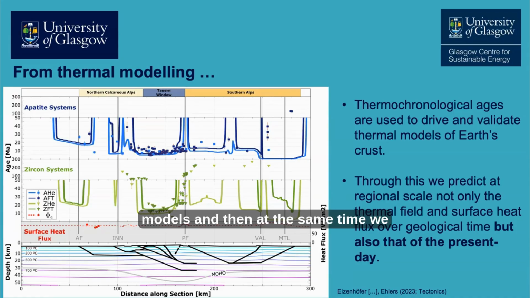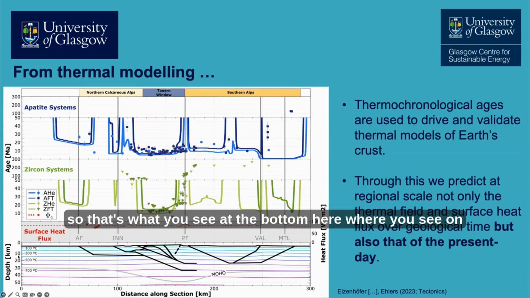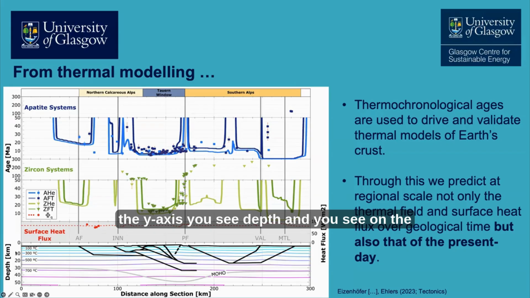And then at the same time, we can then reconstruct the present day thermal field in the crust. So that's what you see at the bottom here, where on the y-axis you see depth, and on the x-axis the distance along a certain region. And this one is an example of the European Alps, where we successfully were able to reconstruct the thermal field of the present day.